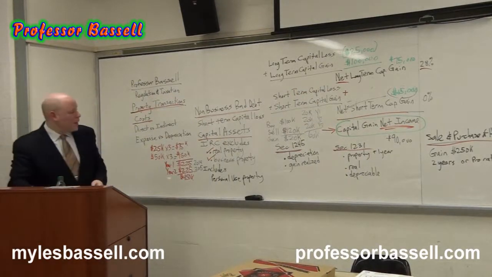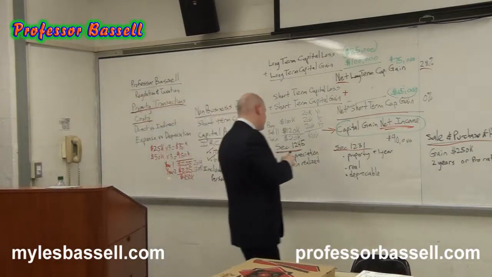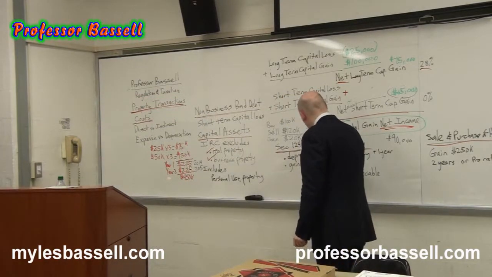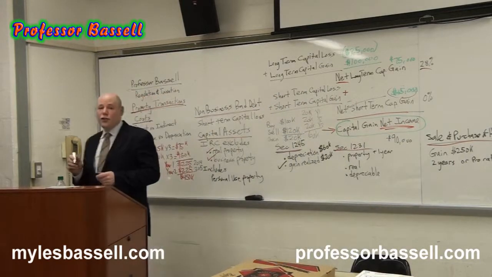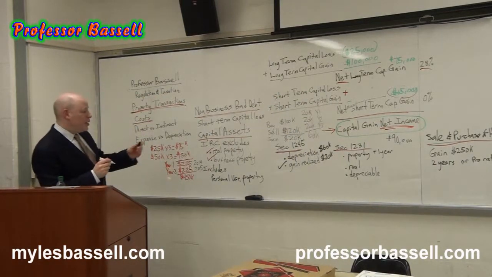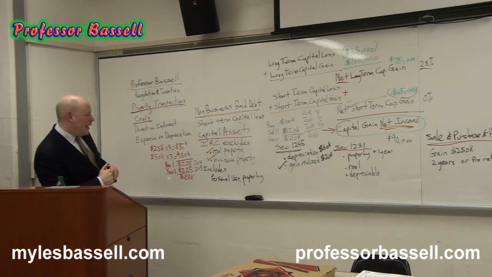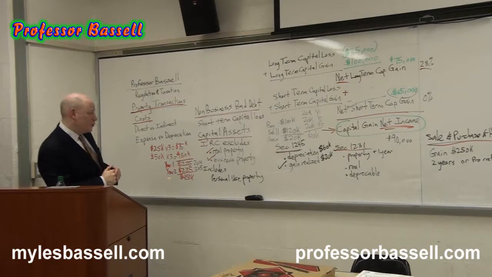And the gain is 20,000. So we take the lesser. In this case, the lesser of the two is going to be the $20,000 gained on the sale.